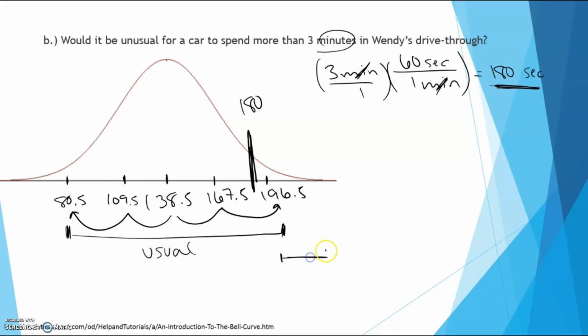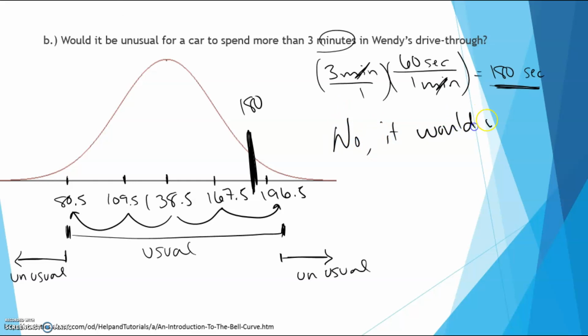Anything outside of 2 standard deviations would be unusual, on either side. Okay, so since this 180 fell within the 2 standard deviations, then we would say that it is not unusual. Because it asks, would it be unusual for a car to spend more than 3 minutes or 180 seconds in a Wendy's drive-thru? Well, we found that no, it would not be unusual.